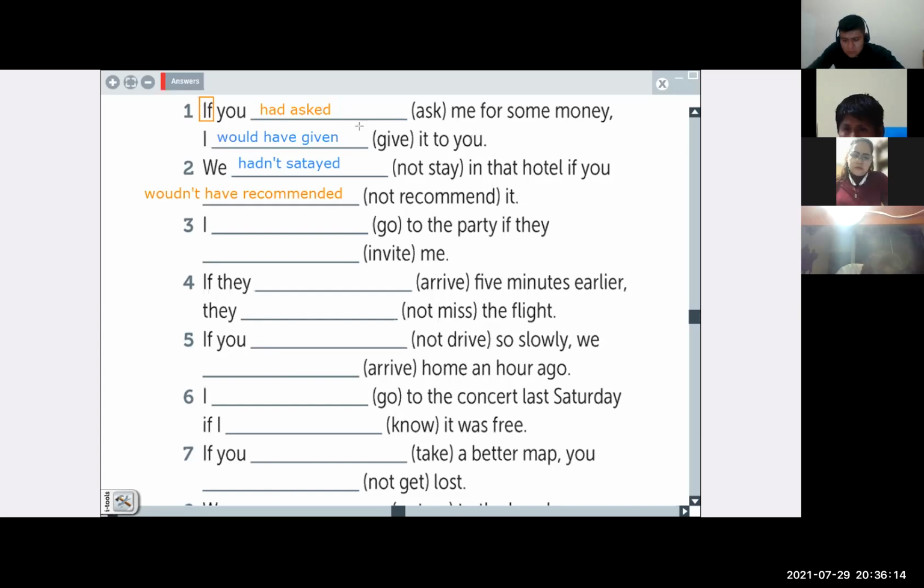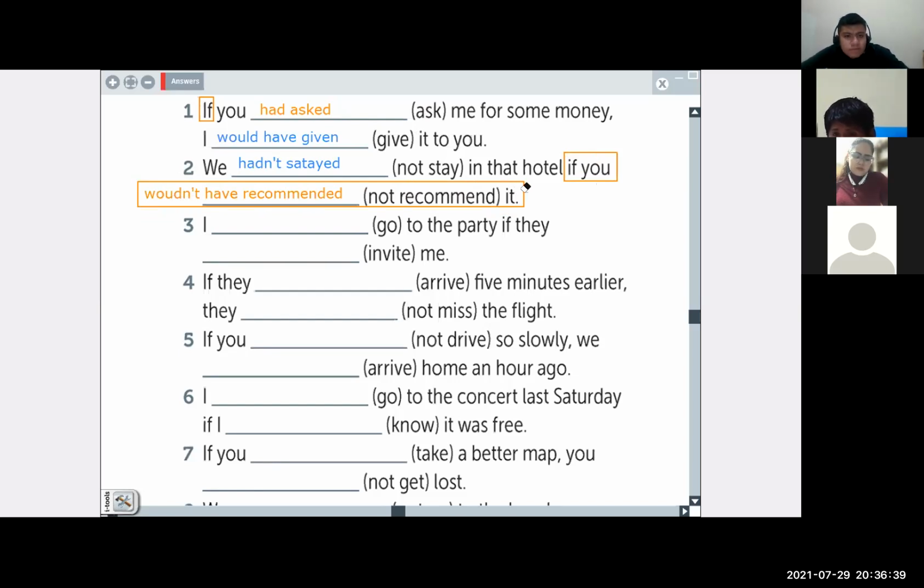If you, okay, entonces esta parte sería su if clause. Okay. En la parte de if clause, ¿qué tiempo gramatical utilizamos? Past perfect. ¿Es este el past perfect?